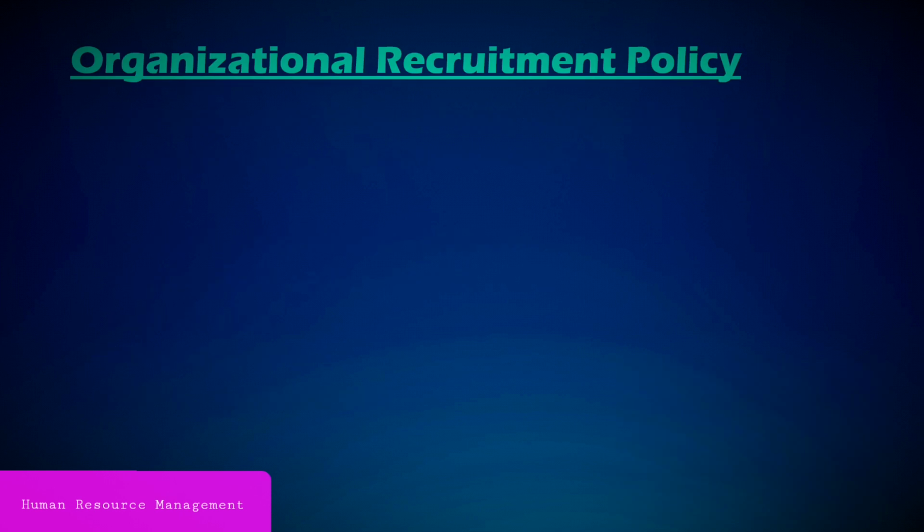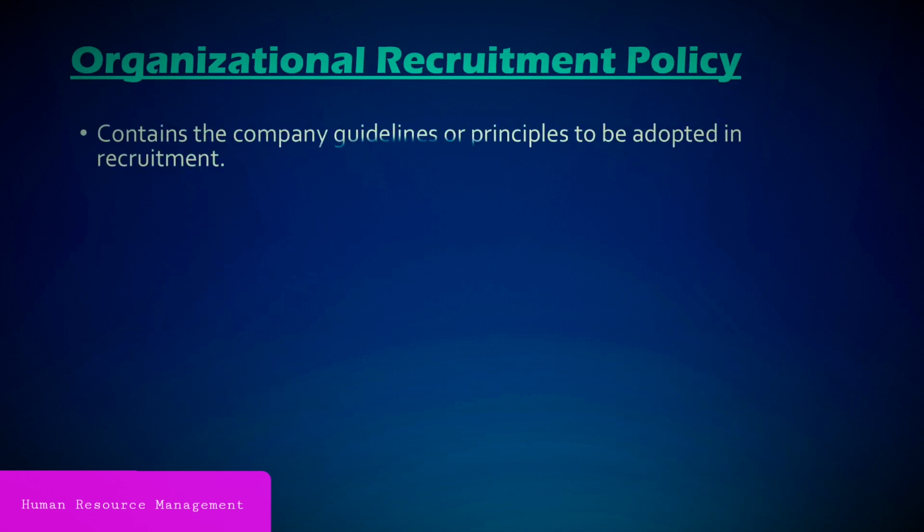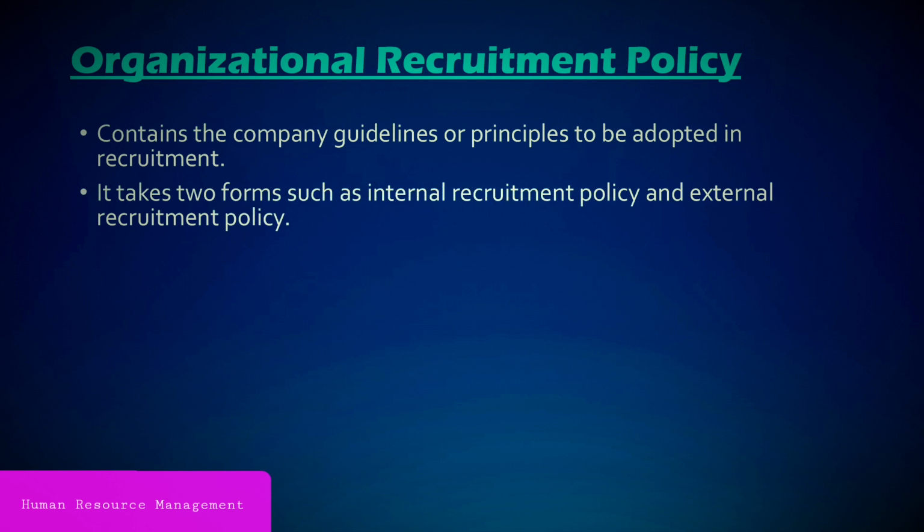The organizational recruitment policy is the code which contains the company guidelines or principles to be adopted in recruitment. When the HR manager develops a plan or a procedure for recruitment, he has to consider this recruitment policy. It takes two forms: internal recruitment policy and external recruitment policy.